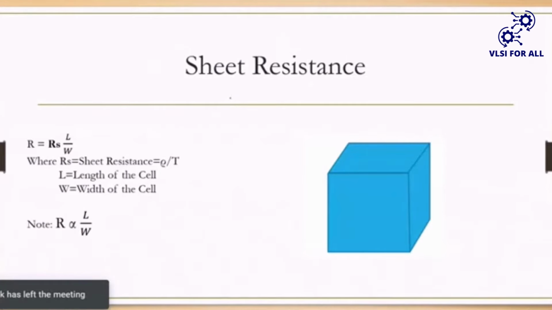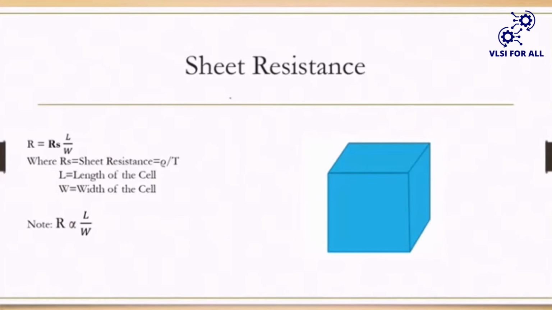Okay, team? Now, let's go to sheet resistance. Team, here, if you take a particular cell and its geometry, physical information like length, width and all, it follows the law of resistance R = ρL/A, where area is width times thickness.